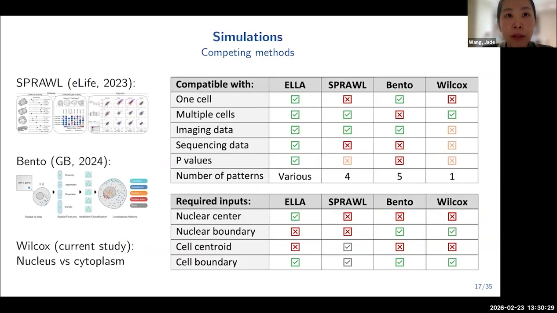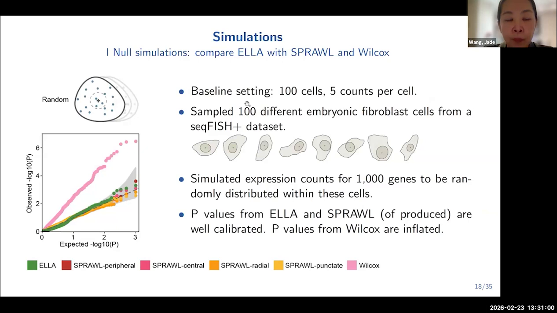After proposing the method, we did some simulation to compare with existing methods and also to evaluate the proposed one. There are competing methods, which are pretty good as well. We are trying to show here that our method is widely applicable across different scenarios, and it also requires inputs that are usually available from high resolution spatial transcriptomics datasets.